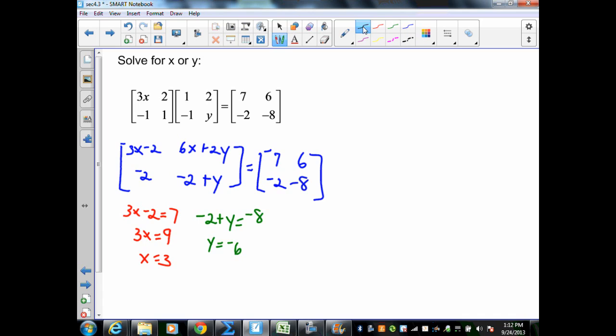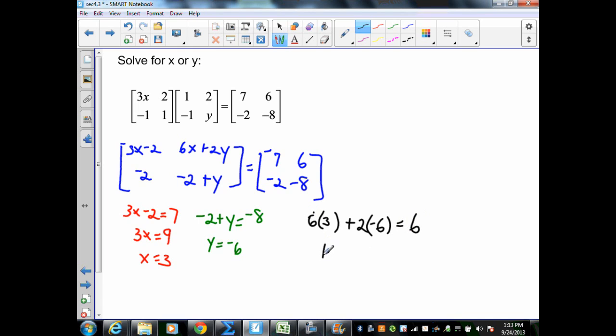Finally, let's verify the result by setting this expression equal to that element. That gives me 6 times, I already found out what x is, which is 3, plus 2 times y, which I found to be a negative 6, and that should equal 6.